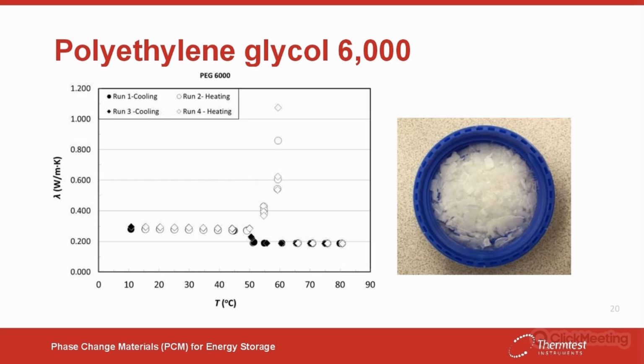It's very easy for the user to see, and very important, the thermoconductivity results are very repeatable, not only in the liquid phase but also in the solid phase of the PCM sample.